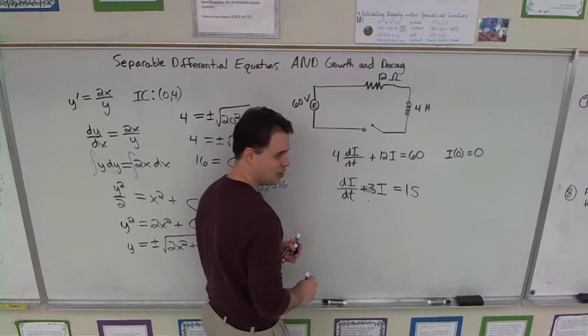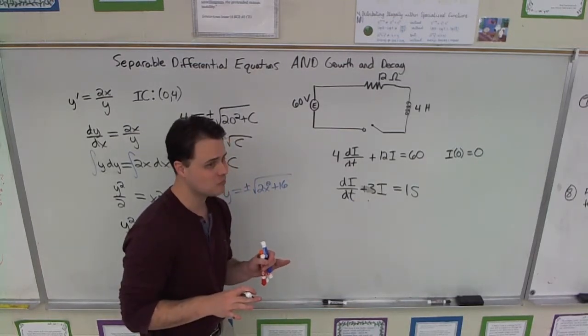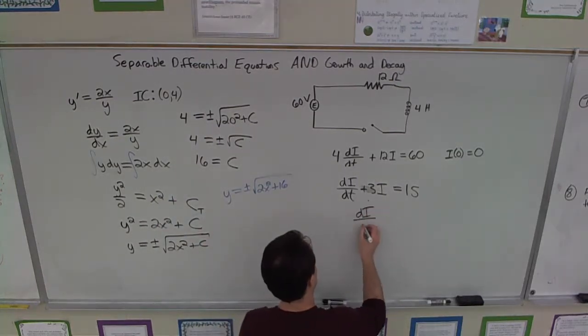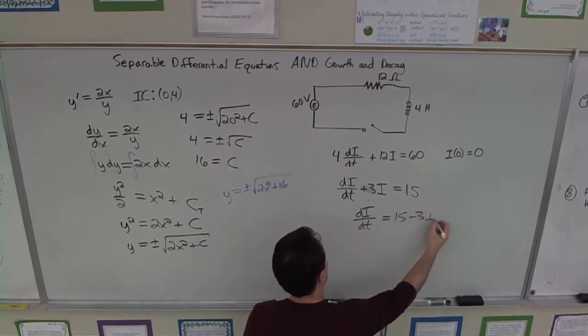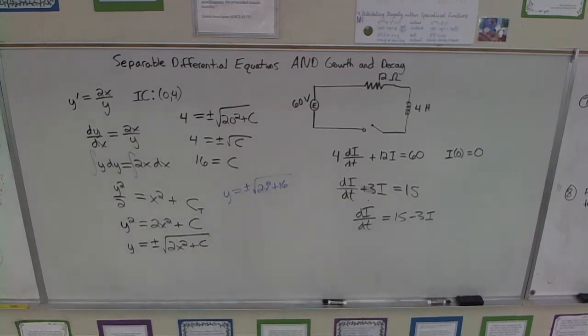This one might be a little bit harder to separate. It originally looks like it's not going to be separable, but you can do it. I'm going to go like this. And now what can you do?